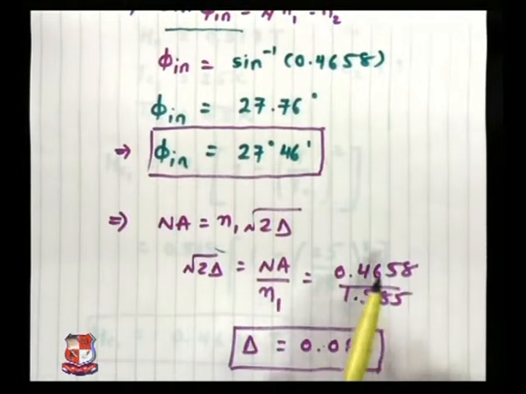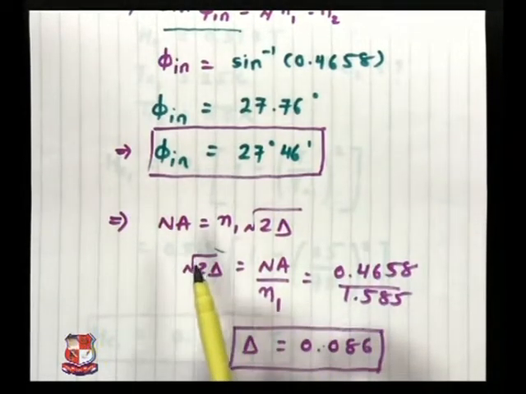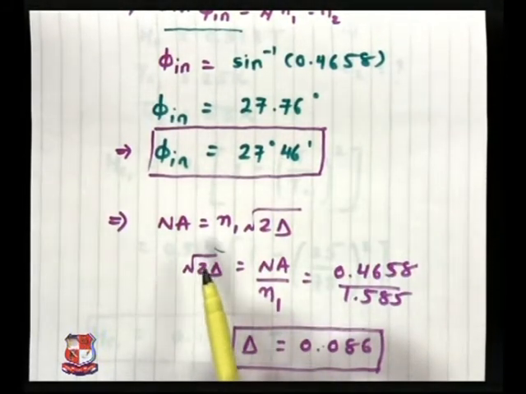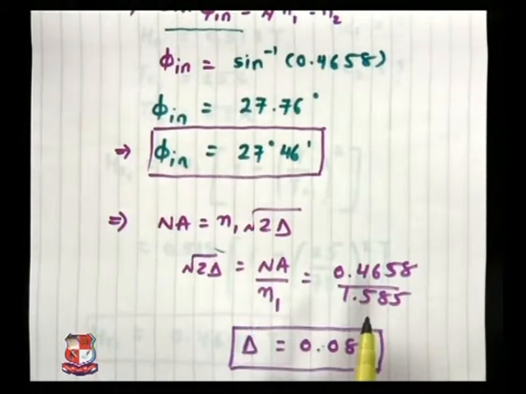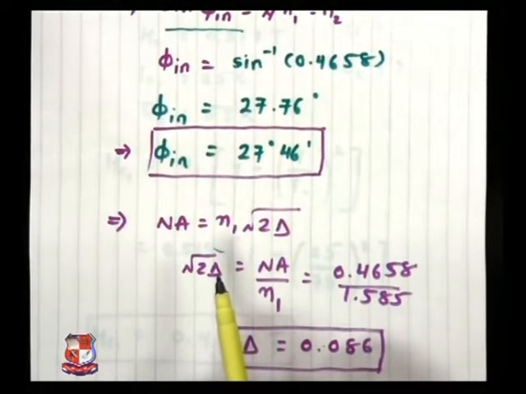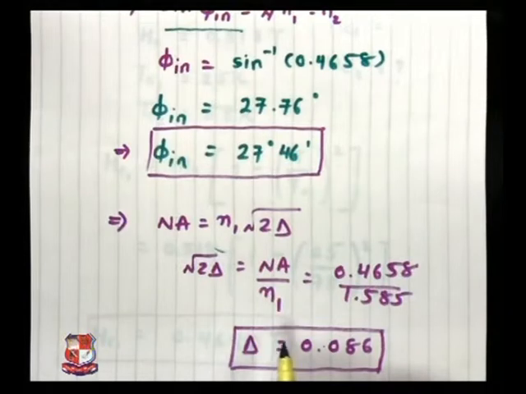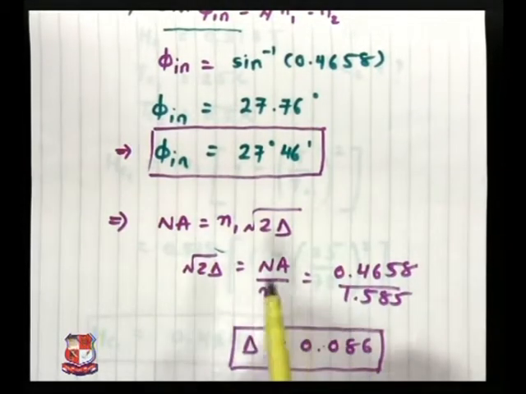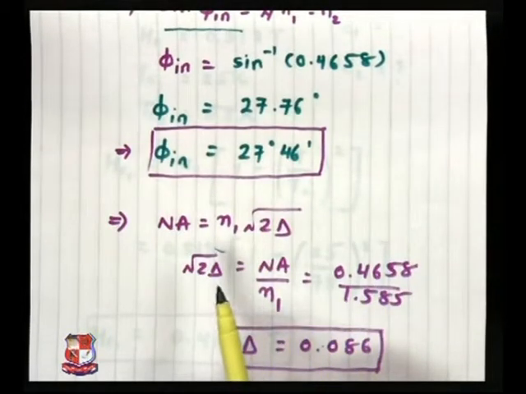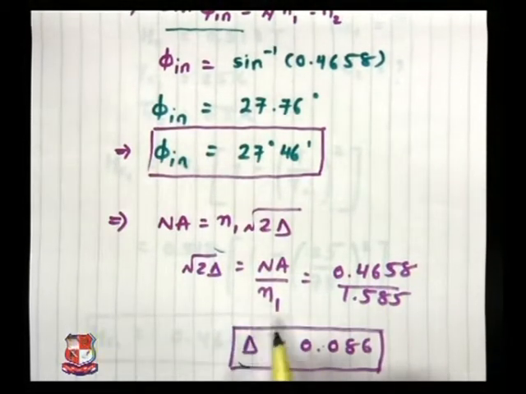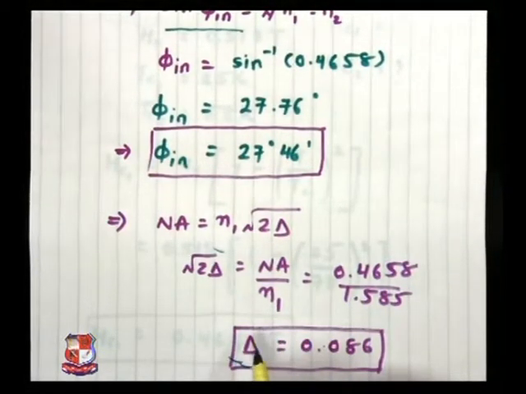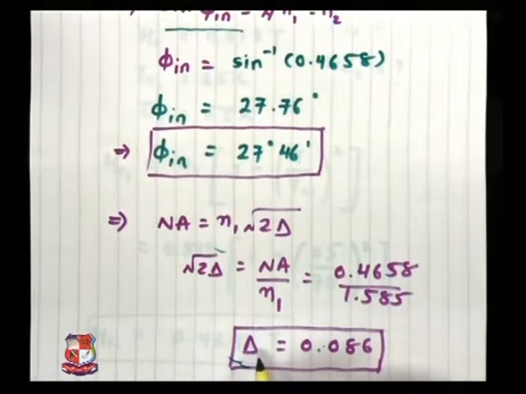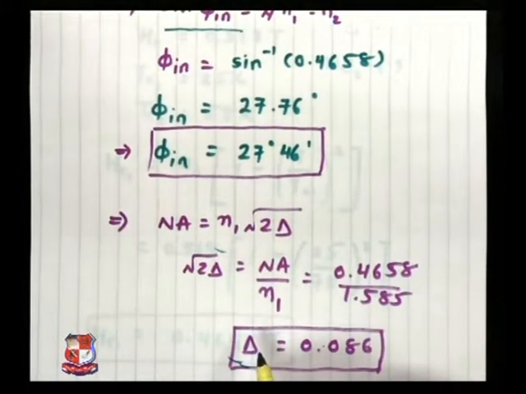When we calculate this, we get delta equal to 0.086. In this manner, by substituting the values and taking delta as the subject, we can calculate the relative refractive index of this optical fiber.